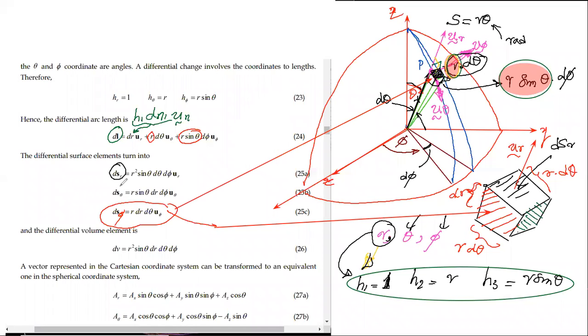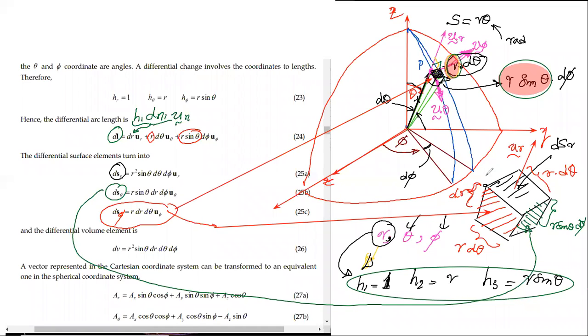This one represents this surface area. This length I have written as r sine theta d phi, and you know this length. Therefore, you can easily write down this surface area, r sine theta, and this length also you know. Therefore, you can easily write down this surface area.